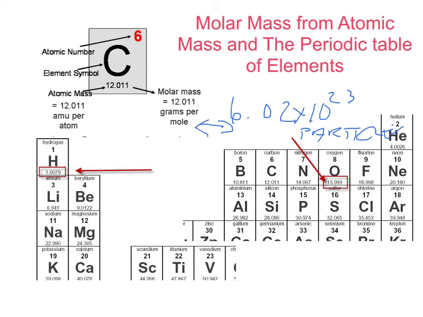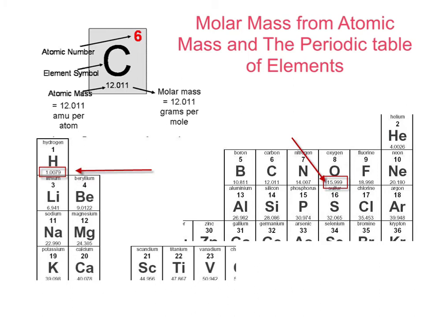All right, now let's see how this works with the other elements that we've talked about on the periodic table. Let's look at a couple more elements to make sure we understand that. After I've shown you before that it's all relative to the atomic mass, let's look at another element, hydrogen. Hydrogen has a value of 1.008.